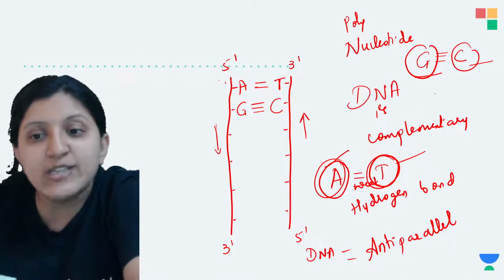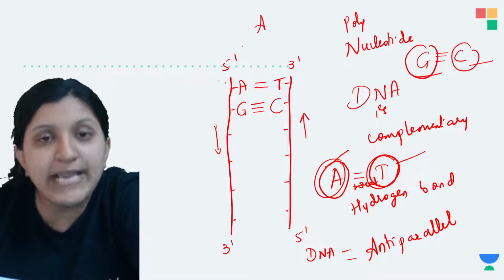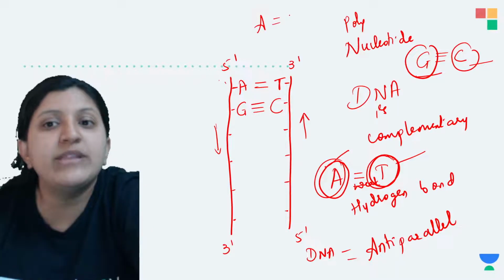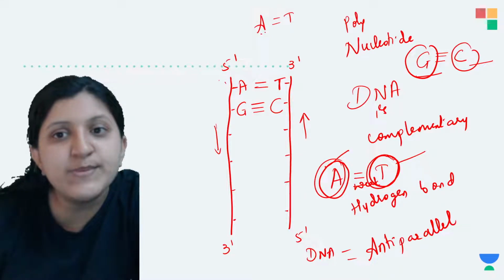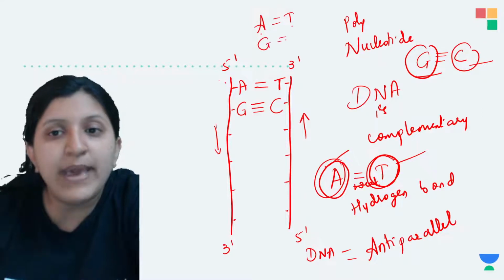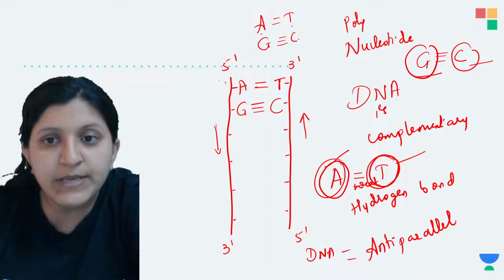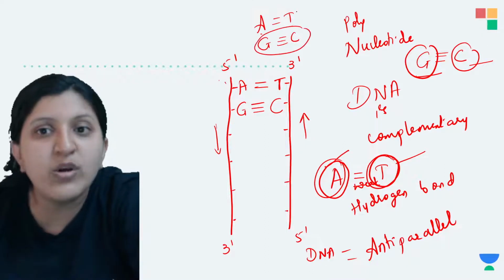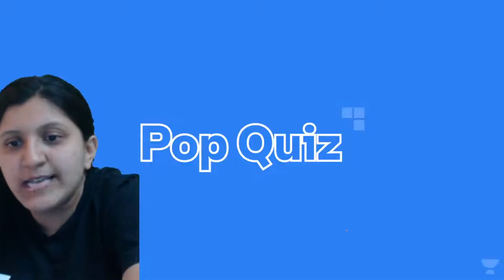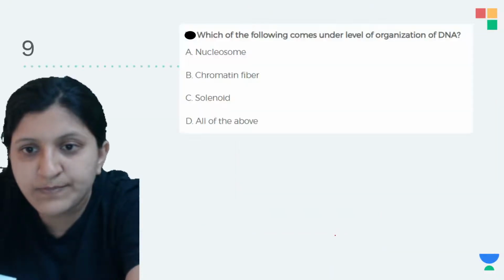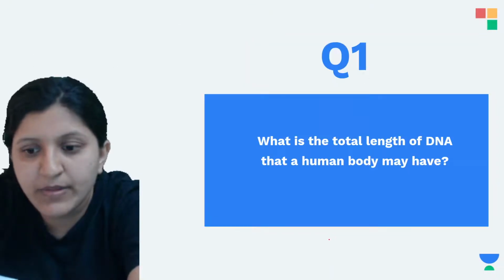So what exactly is complementary? It is when base pairing occurs with the respective nitrogenous bases. A makes a pair with T, G makes a pair with C. Between G and C it is 3 hydrogen bonds. Between A and T it is 2 hydrogen bonds. So let's see this one. I'll just show you this. One second.